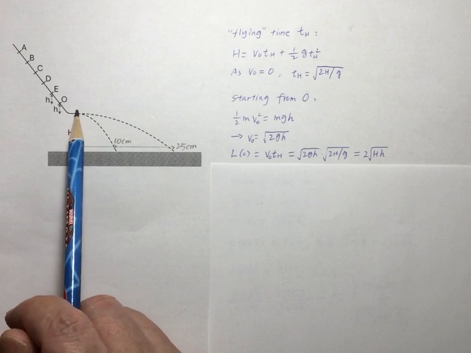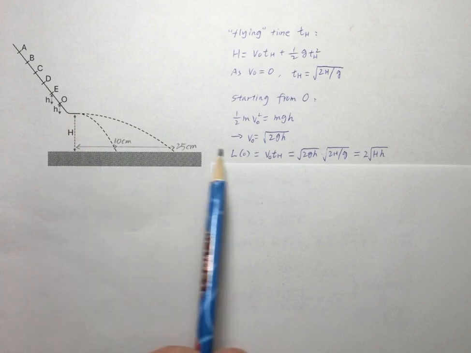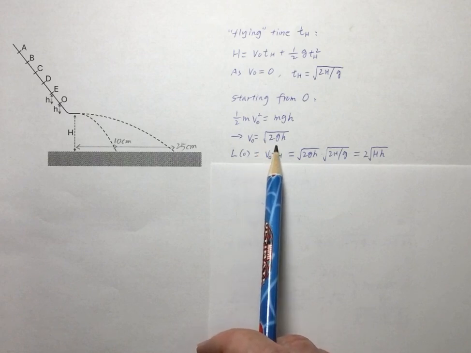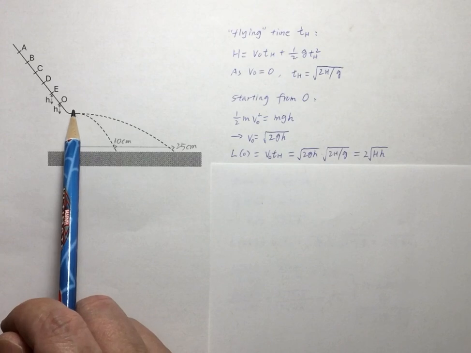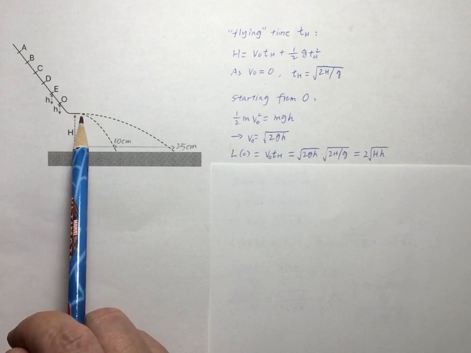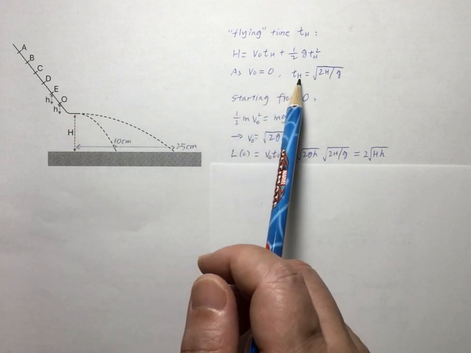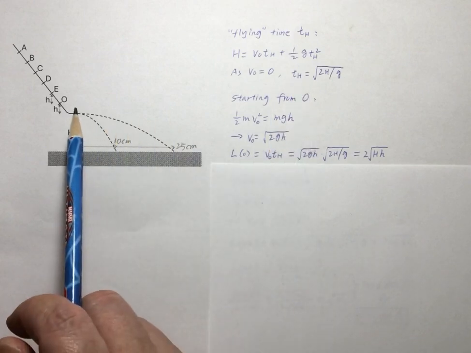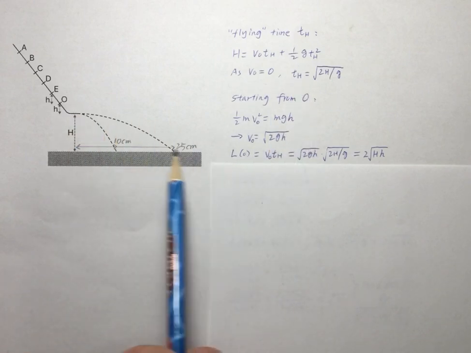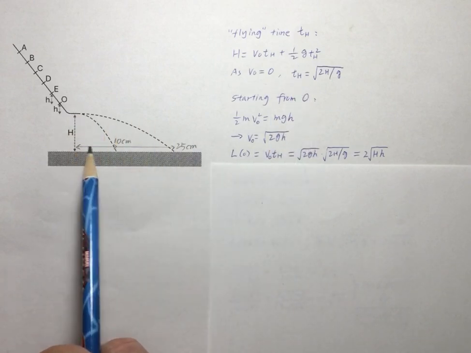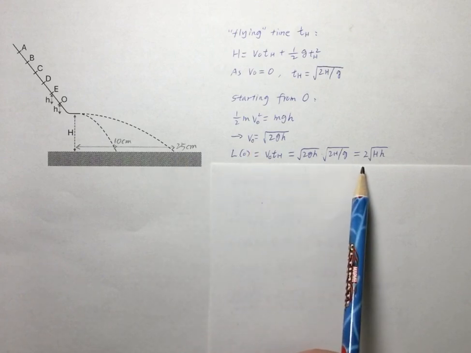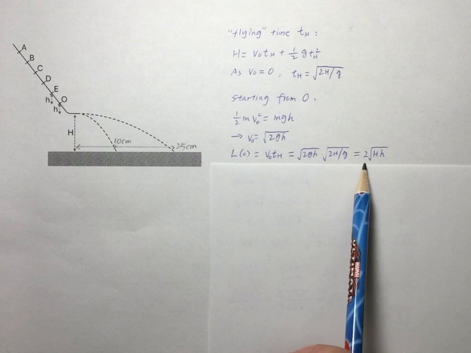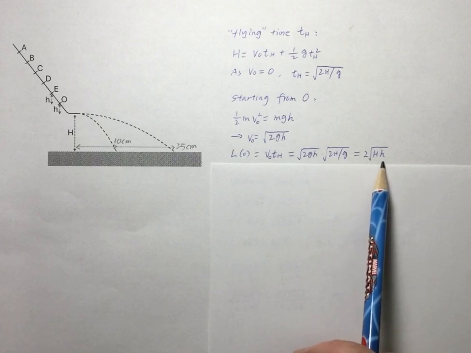At this point, the speed of the ball is v0, which is equal to the square root of 2gh. And because it takes tH for the ball to drop from the ramp to the ground, the distance it travels will be L0 equal to v0 tH. That gives us 2 square root of capital H times lowercase h.